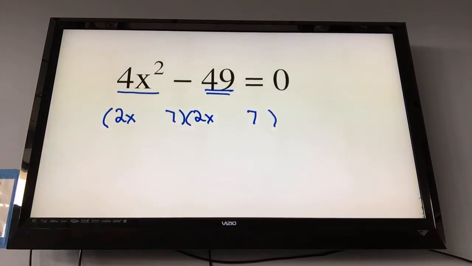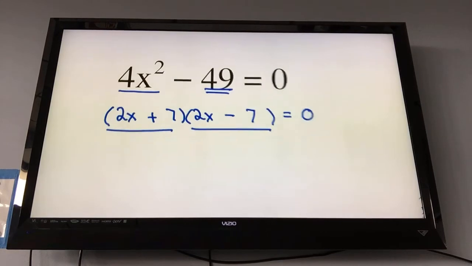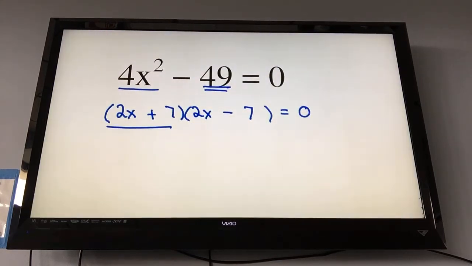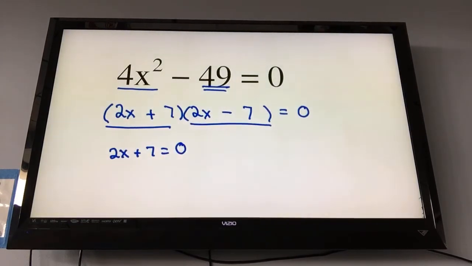My bad, I was thinking 5 times 9 for some reason. So 2 terms is my difference of squares. Once I factor, either 2x plus 7 is 0, or 2x minus 7 is 0.